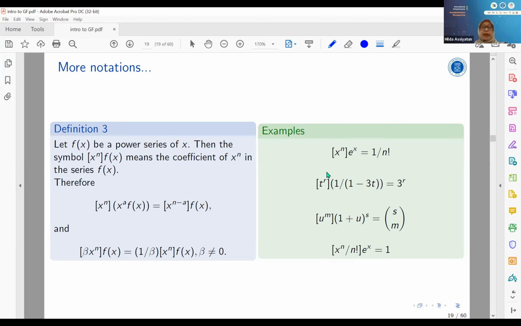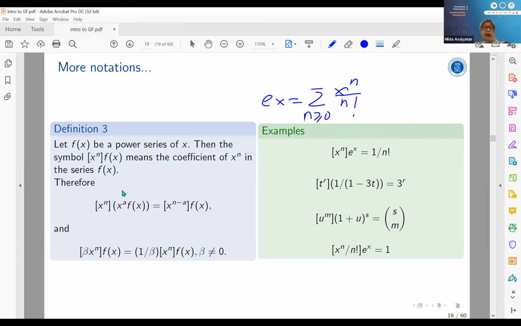For example, [x^n] e^x means we are looking at the coefficient of x^n in the power series of e^x. You remember, e^x is the sum of x^n over n factorial, so the coefficient of x^n is 1 over n factorial. That is the meaning of this symbol.